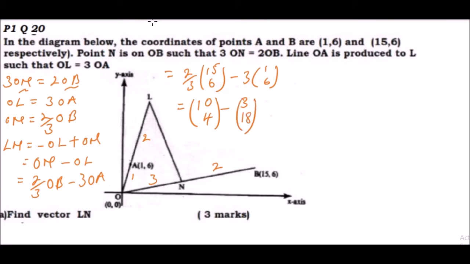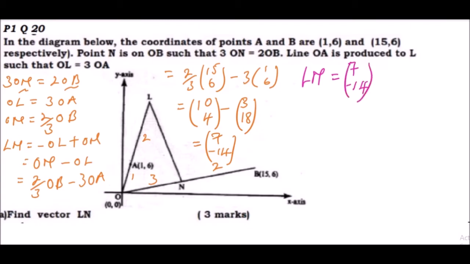So 10 minus 3 is 7, and 4 minus 18 is minus 14. So that is our LN that we have been given. We can simply say that our LN is equal to (7, -14). So that is how you work that out.